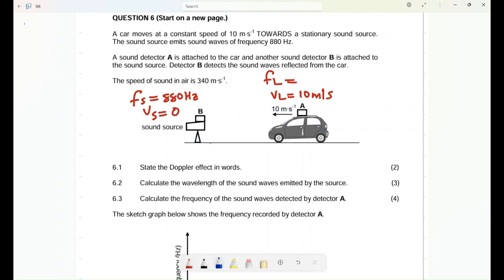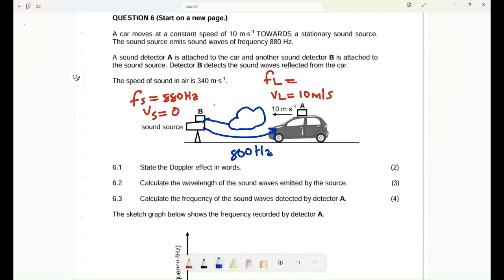Another important part is that let's say the source emits a frequency of 800 hertz. When it returns, since it is approaching, the frequency it gets changes. Remember, the frequency is a measure of how intense something is. When it emitted, let's say the car was at this distance, but since it is moving, the car is now here. Since it is close, you will hear more pitch, more loudness.